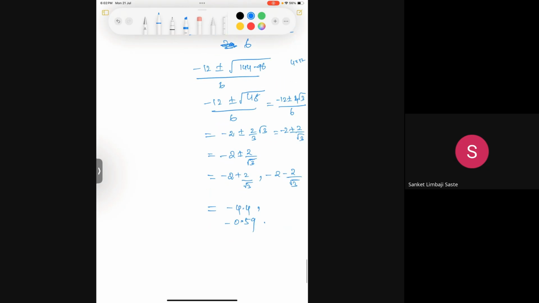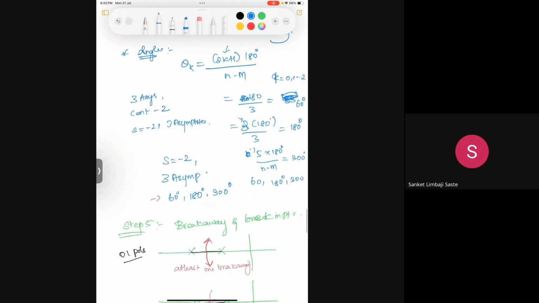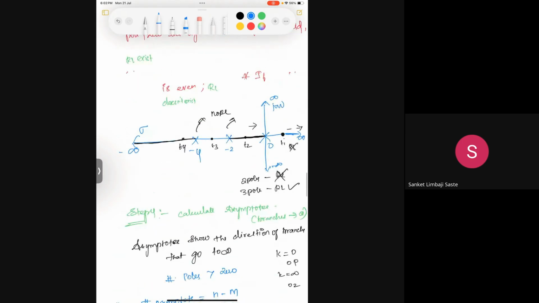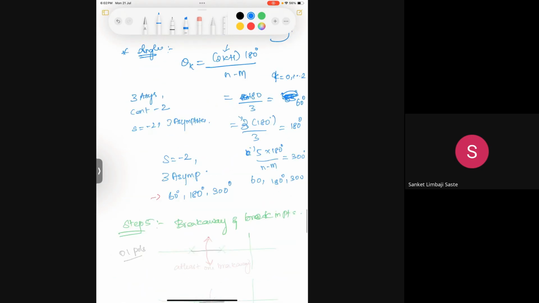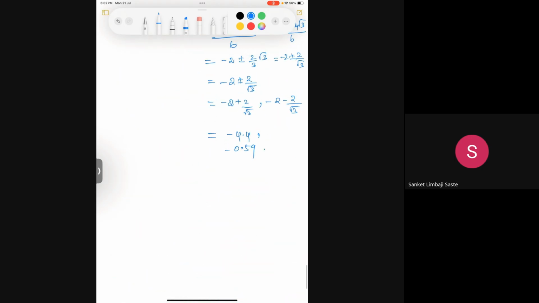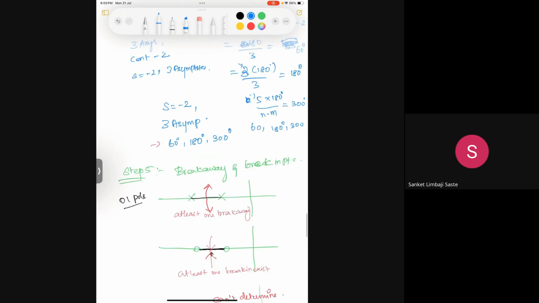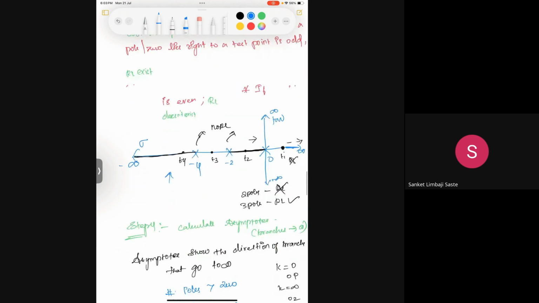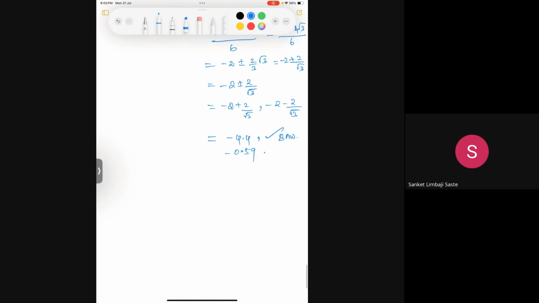So let's check whether minus 4.4 is in the root locus. Yeah, it is in the root locus. Right. So this is a breakaway point. And minus 0.59, is it there? Yeah, it is also in the root locus, so this is also a breakaway point.